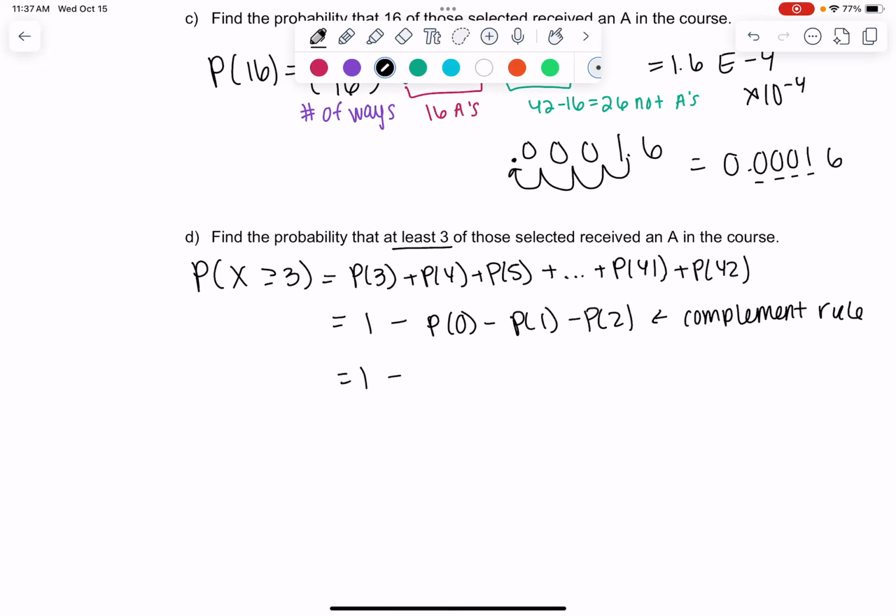So we're going to do 1 minus, and then I'll color code them all. So P of 0, it means out of the 42 students, 0 of them get A's. So I do 0.15 and then 0.85. Remember, these never change. So 0 A's means how many not A's? 42.